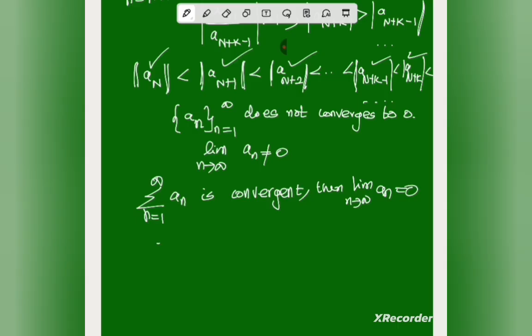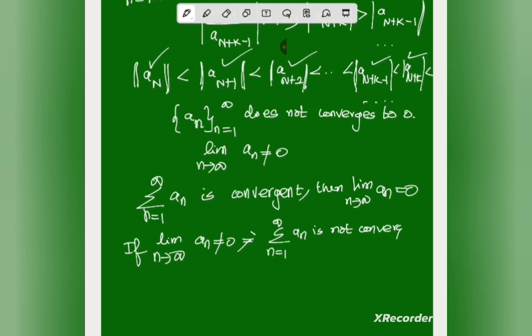We can write the same theorem as: if limit n tends to infinity, a_n is not equal to 0, then I can say that the series summation a_n is not convergent. So the same concept I'm going to apply here.